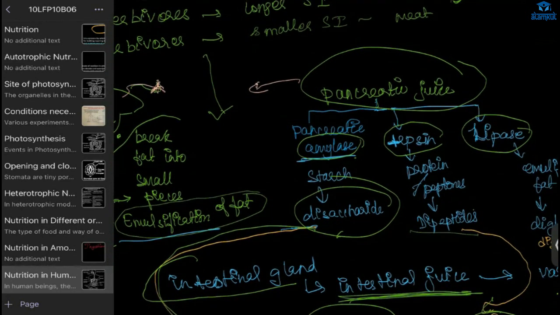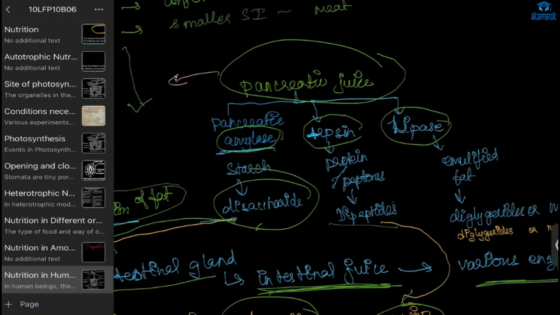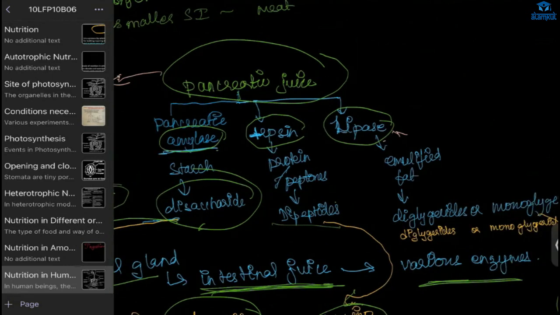And then pancreatic juice, what will it do? The starch will be broken down into simpler form. The trypsin enzyme will break the protein down into simpler form, and the lipase will act on the fat and break it down into simpler form.